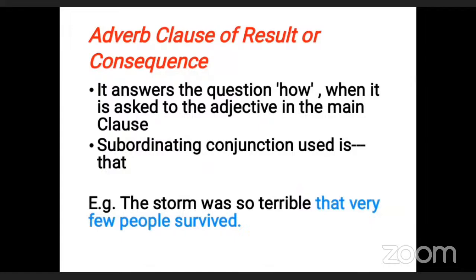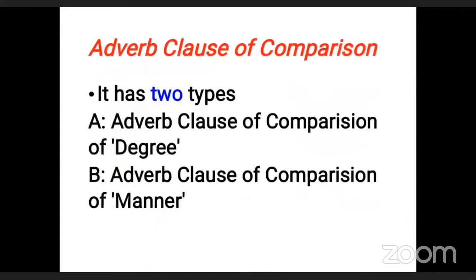Let's see the next type, that is the adverb clause of comparison. In this type we have two types. The first is the adverb clause of comparison of degree, and the second is the adverb clause of comparison of manner. Let's see the first one.